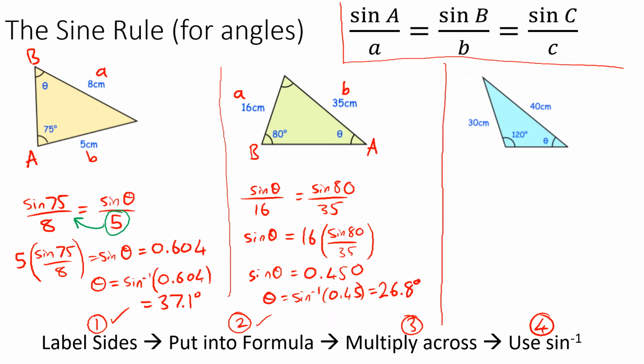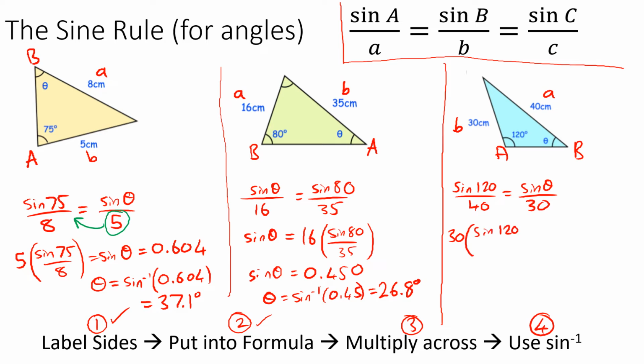Let's do the second one. Label the sides, label the angles that are opposite them, put this into the formula, so we'll have sine 120 over 40 is equal to sine theta over 30. Multiply across, so we'll multiply across by the 30 this time.